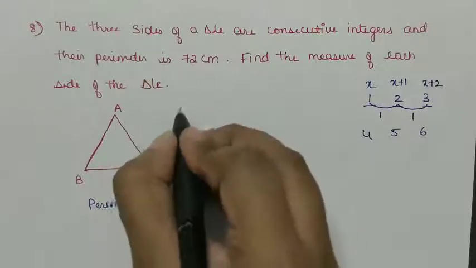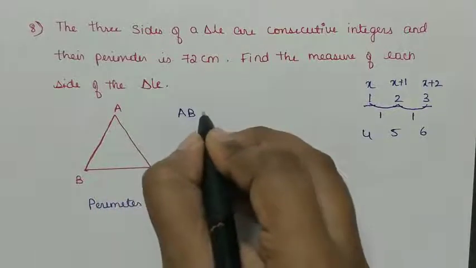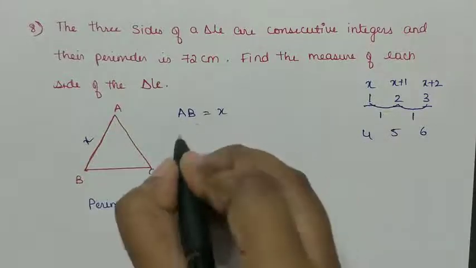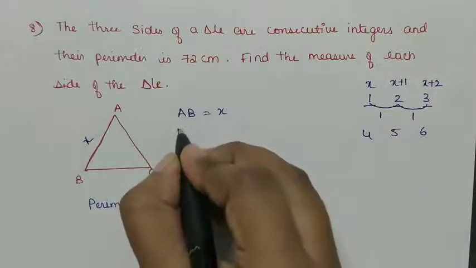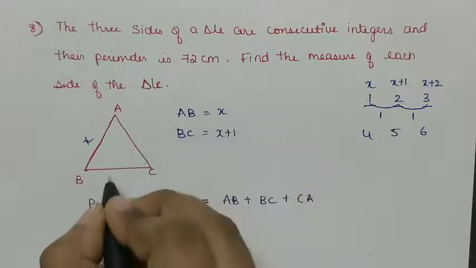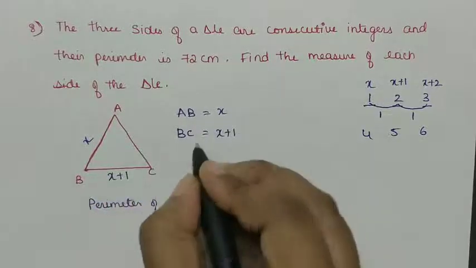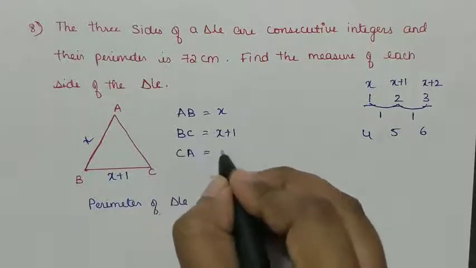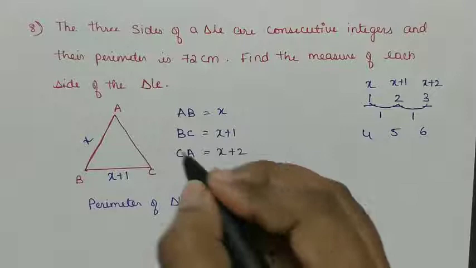Therefore, side AB is equal to x. Side BC is equal to x plus 1. And side CA is equal to x plus 2.